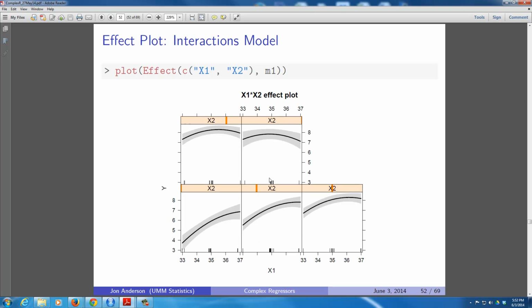Here's the effect plot for that model, and we have x1, the cooking time, on the horizontal axis, and the different panels are the different values of x2, the temperature. The way you would read this, x2, you can see the little dark orange bar over here.